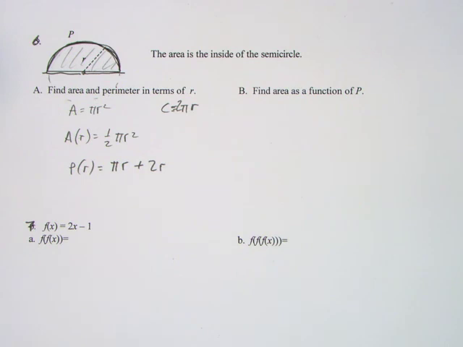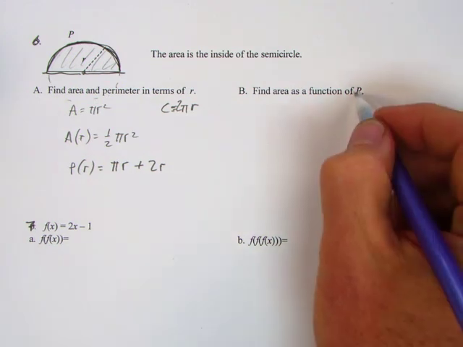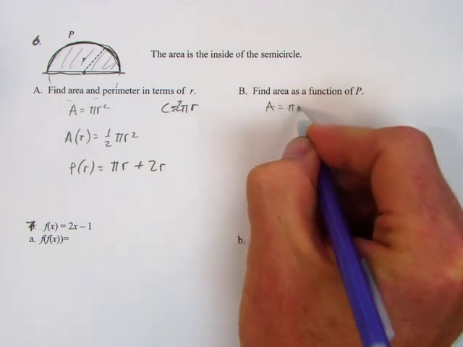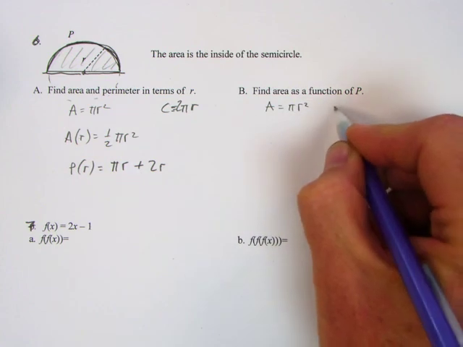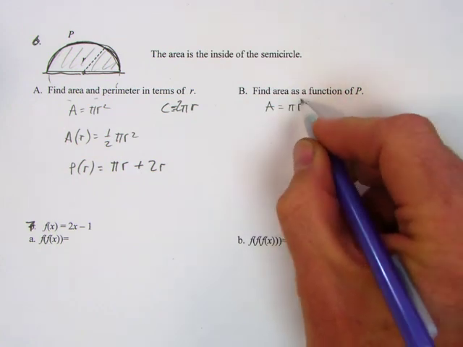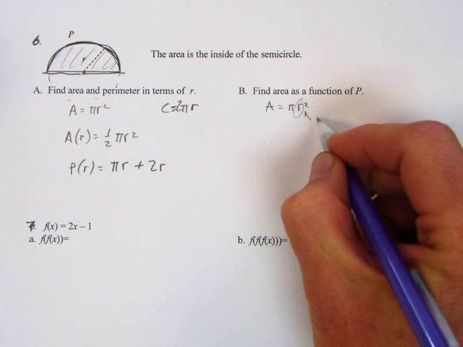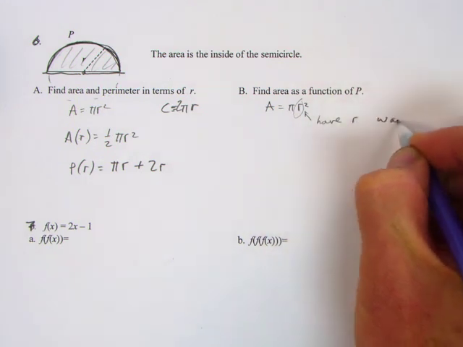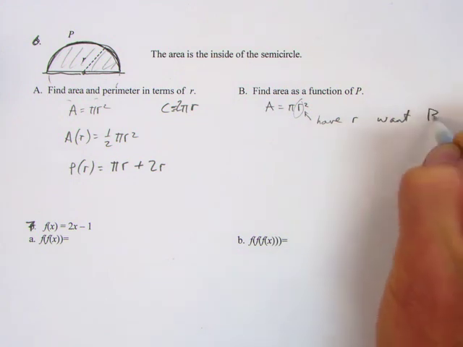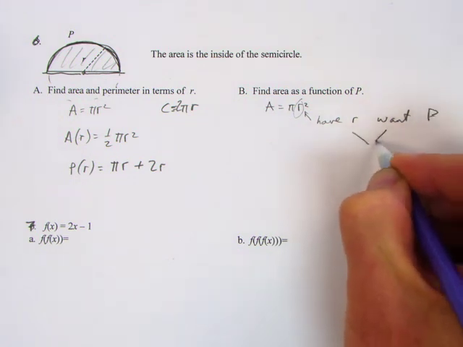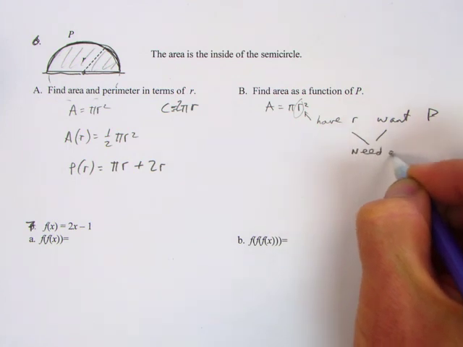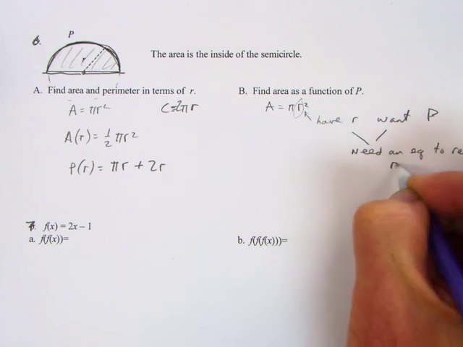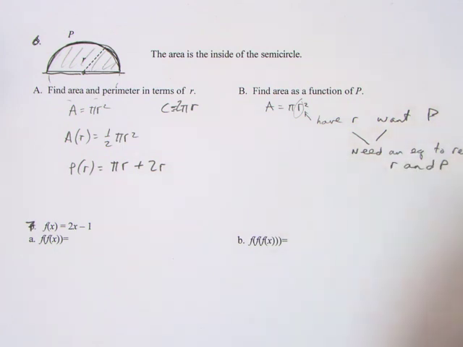Now let's write the area as a function of perimeter. So we know we have that equation, area equals pi r squared. Right now, it's in terms of r. We have r, and we want p. What this tells us is we need an equation to relate r and p. Do we have any?